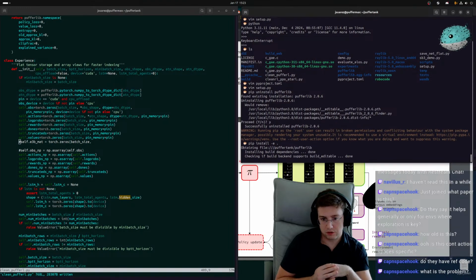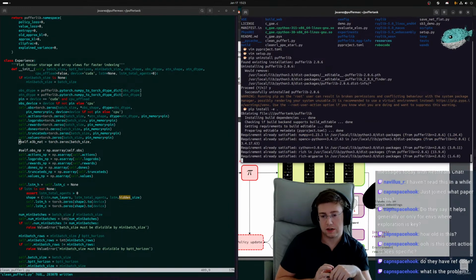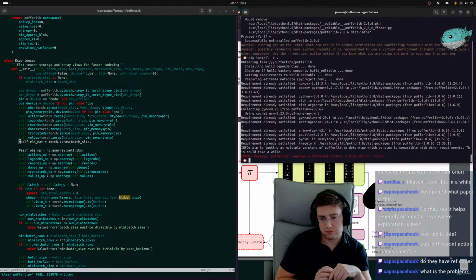This should be a fairly small change. I'm hopeful we can just get this done today, and then I can start on hyperparam stuff. Okay, PufferLib does not require 3 points, so I don't know what the hell's up with this.